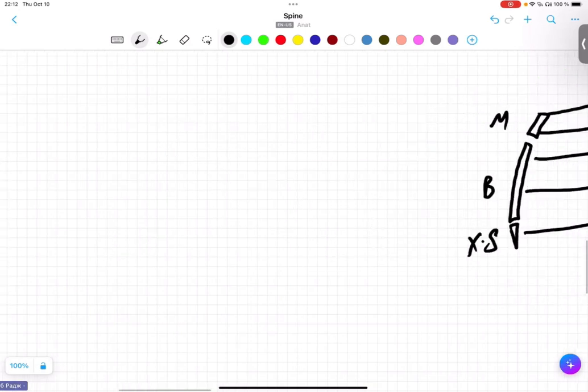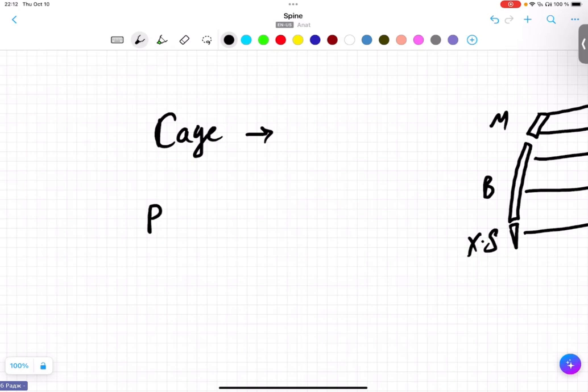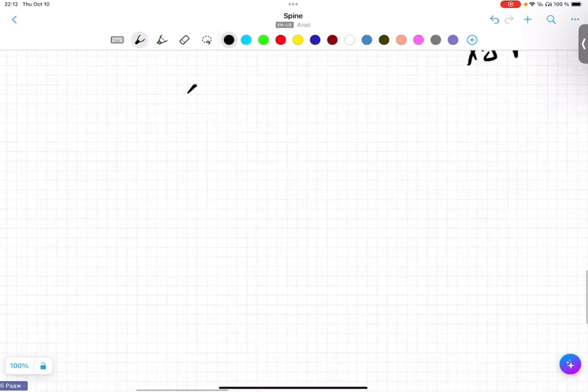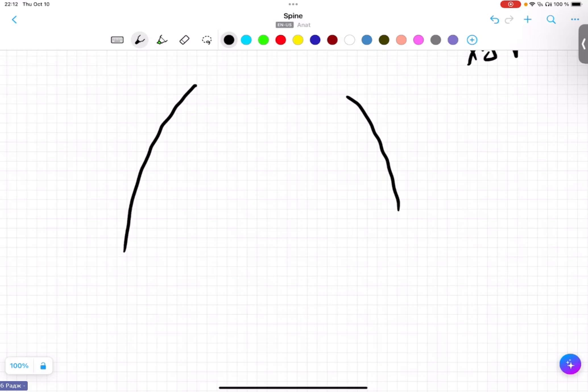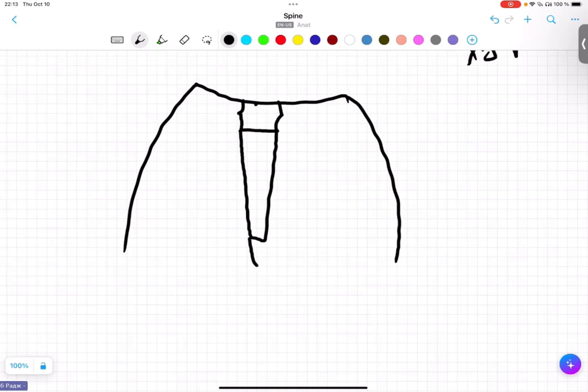Have you seen a parrot? A parrot is kept inside a cage so that it does not fly away and a cat or something doesn't eat it. So that is for the protection. Similarly, in your thorax, you have this thoracic cage, and that is for the protection of the visceral organs and also to house the lungs and other structures.